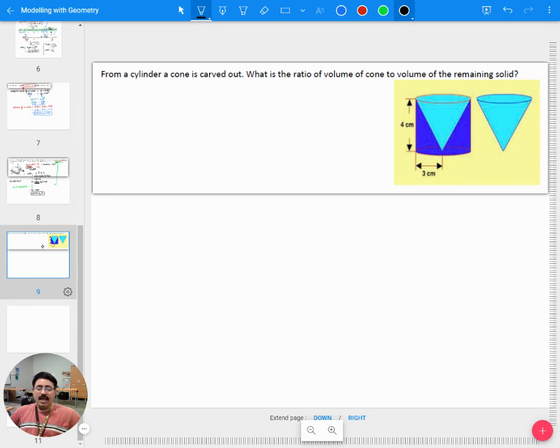Actually, here the dimensions need not be taken, but if you take them, that is better. So the question says, what is the ratio of volume of cone to, listen carefully, volume of remaining solid?